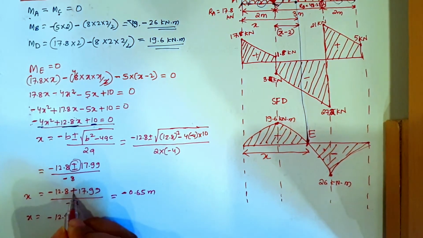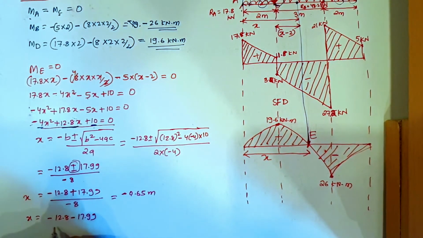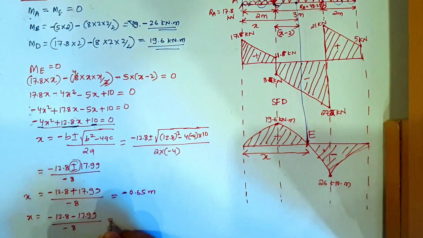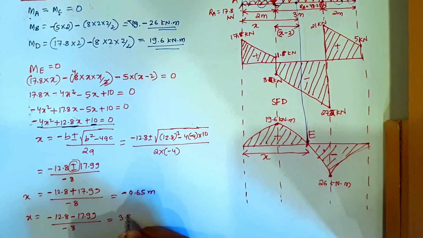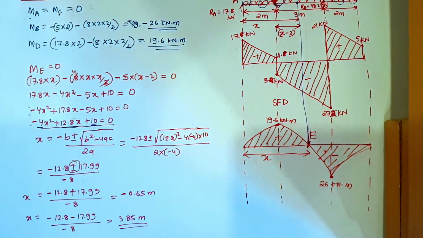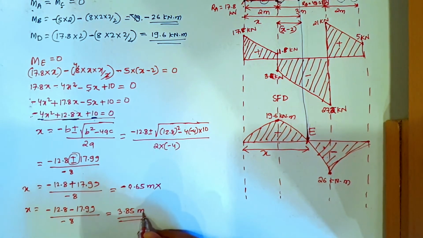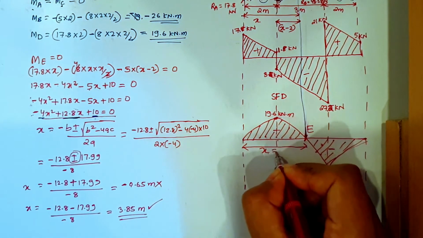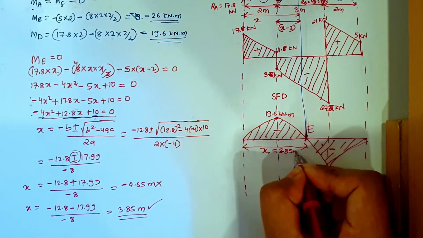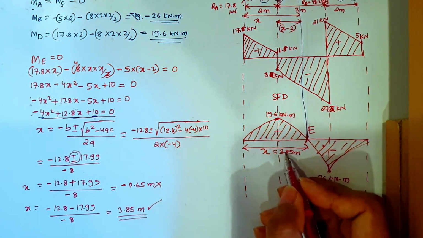So first if you plus it, you will get this much, and if you minus it, minus 17.99 divided by minus 8, you will be getting equal to 3.85 meter. Okay, so which value do we take? We will not take minus, we will take the one which is coming in positive. So this x is lying at a distance of 3.85 meter, the point of contraflexure. So it is lying at 3.85.